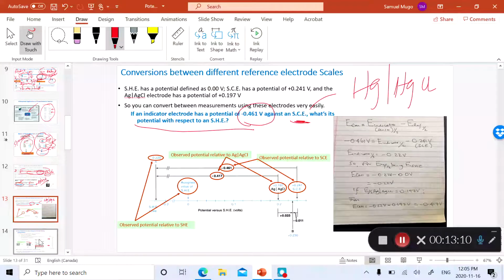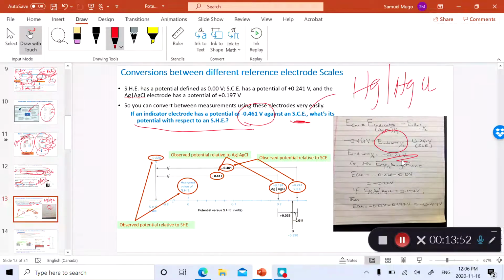And we know that the saturated calomel electrode has a potential of 0.241 V. So essentially, if you're asked to calculate the E of the cell with respect to the standard hydrogen electrode, you can do a very simple relationship. We already know the E of the cell equals the E indicator minus the E reference, and so I just substitute as such. And so I can determine what the E indicator is when you're using the saturated calomel electrode.